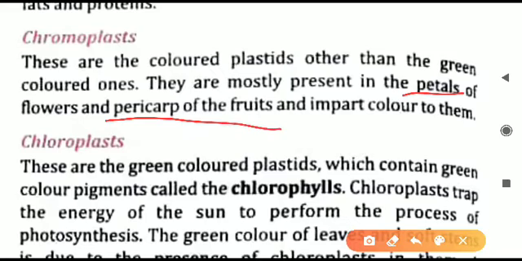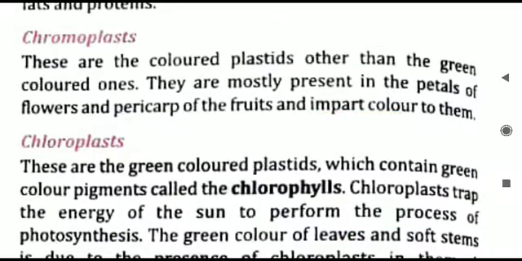Also the pericarp, meaning the outer layer of fruits. Fruits are also of different colors. So the flowers and fruits which have different bright colors get these colors because of the presence of chromoplasts. These plastids are colored, and therefore we can say they impart color to the fruits and flowers. Impart means give.